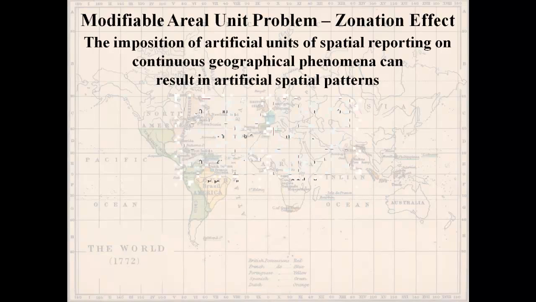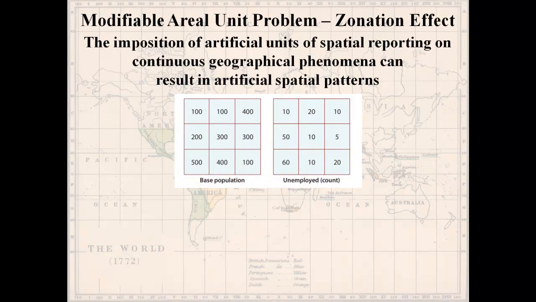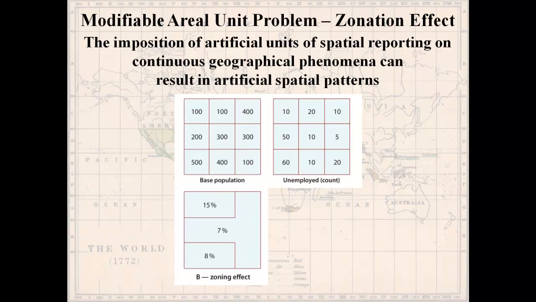Same thing works on shape. So let's take this same example. 10 people unemployed in this square out of 100. Let's draw some zones that have a different shape. Let's say we want to see something in this zone, and we add that up and divide it by the total, and we see that 7% of the people are unemployed in this zone, 15 in this zone, and 8 in this zone. So we've drawn these kind of strange shapes, and we get different percentages of unemployment.